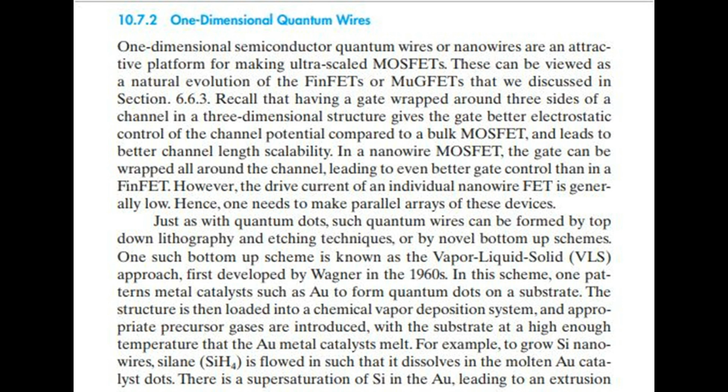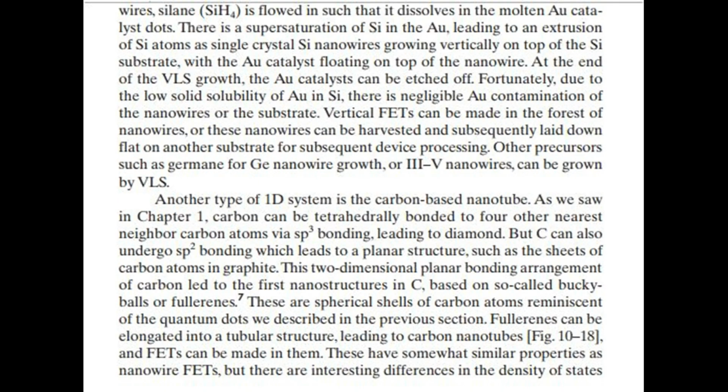There is a supersaturation of silicon in the gold, leading to an extrusion of silicon atoms as single crystal silicon nanowires growing vertically on top of the silicon substrate, with the gold catalyst floating on top of the nanowire. At the end of the VLS growth, the gold catalysts can be etched off.